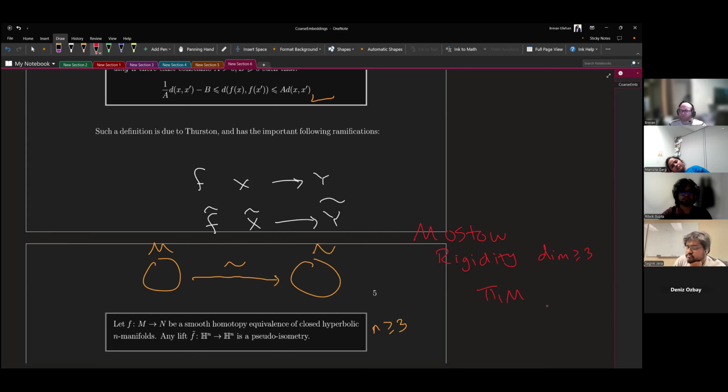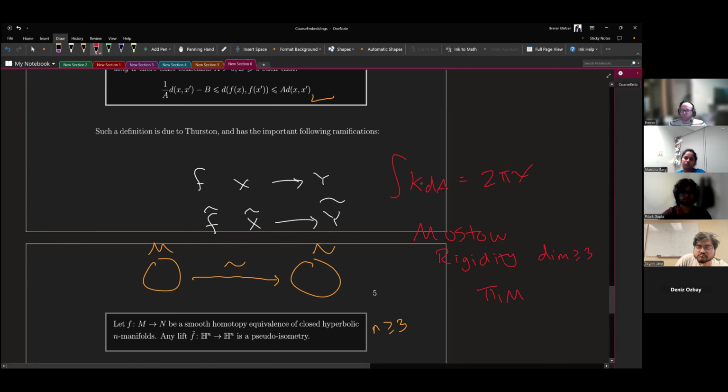You can think of that as a very special case of extending Gauss-Bonnet. Remember in Gauss-Bonnet, we have that the integral of our curvature times the area form is equal to 2 pi times the Euler characteristic. And if we have curvature k equals -1, which would be hyperbolic, then on this left side we get the negative area of our manifold because it's a constant.